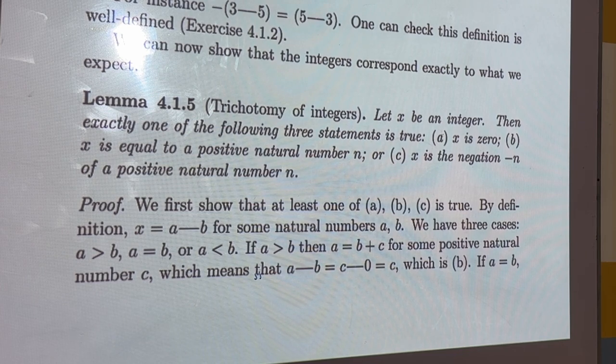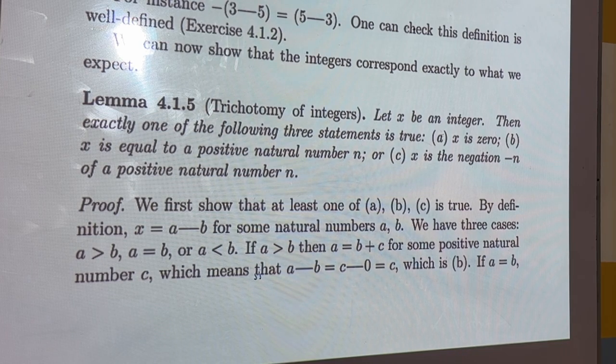So he took a number x. x is of the form a minus b, where a and b are natural numbers, no? Any integer is of that form. So far we don't know the actual meaning of this long dash. We have three cases: a greater than b, a equals b, or a less than b. Now a and b are natural numbers, and we spend exactly one chapter to study natural numbers.